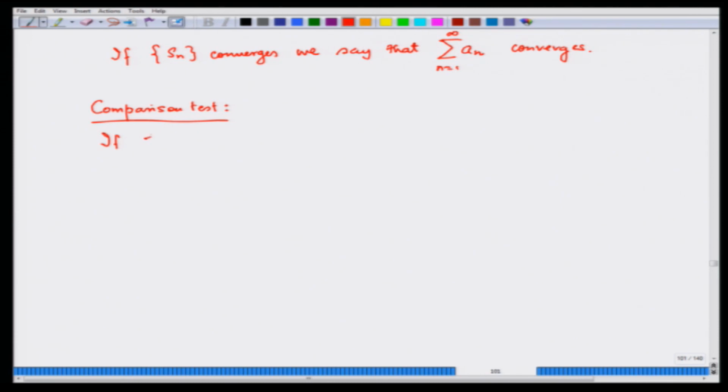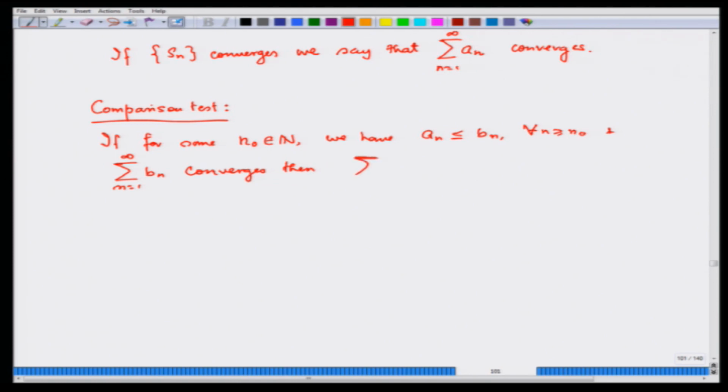So, if for some n naught element of N we have a_n less than or equal to b_n for all n bigger than or equal to n naught, and summation b_n converges, then summation a_n converges. It does not matter if you have left out a finite number of terms; if the remaining part converges, you can add the sum of the finite number of terms and you have the total sum.